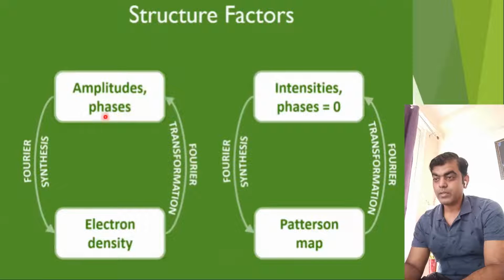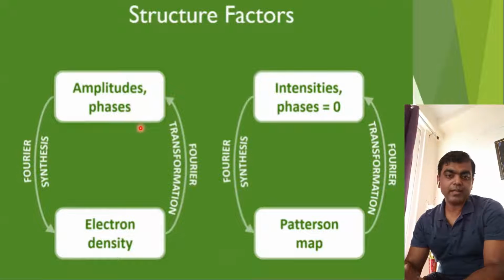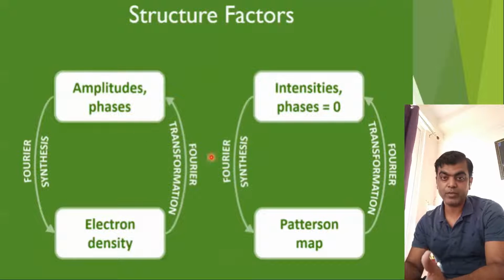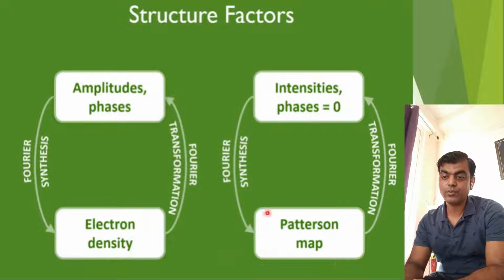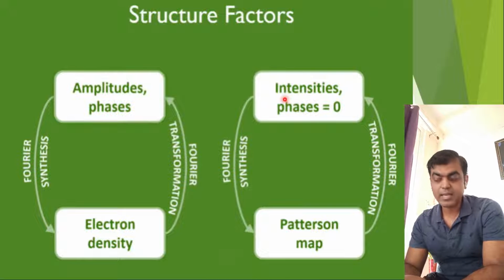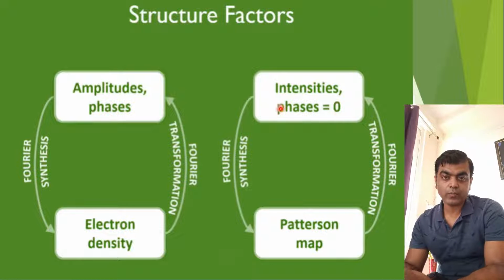Okay, now let me make things a little bit complicated. Why am I saying complicated? Because we also have to bring the Patterson map into the picture. So how are you going to get the Patterson map? In the previous one, amplitude to electron density and back to amplitude, but the phase information was missing. So in this case we are assuming in the first case that the phase is 0. Assume that they are all in the same phase and the angle is 0 degrees.